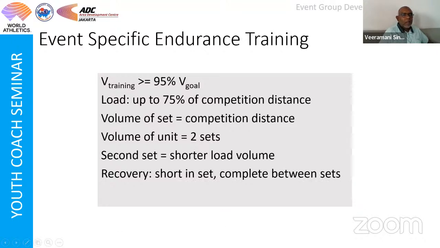Example of this, let's say I use 1,500 as an example. I run 1,200 meters at race pace, and then I take about 40, 45 seconds break, and then I do, let's say, a 300 meter all out. I take a complete break, and then I do a second set. The second set will be shorter.